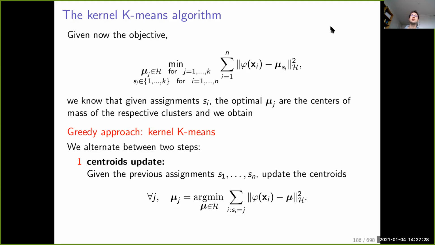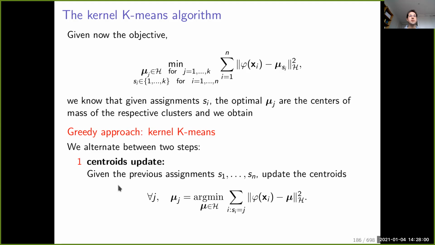Simply because it turns out that this optimization problem is actually also difficult to solve. And when we have a difficult problem to solve, either you use a local approach or you use a method that has an exponential complexity, but that can give you the exact solution, or you solve a different problem. So far, the kernel k-means is simply a local approach that will start to minimize iteratively this objective.